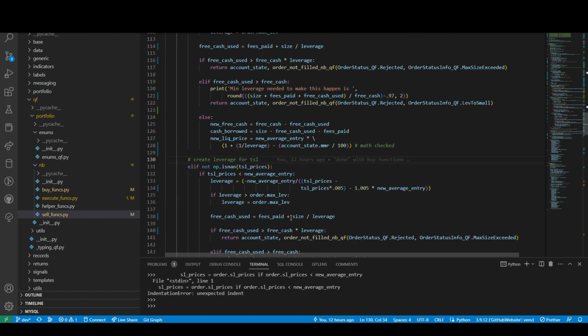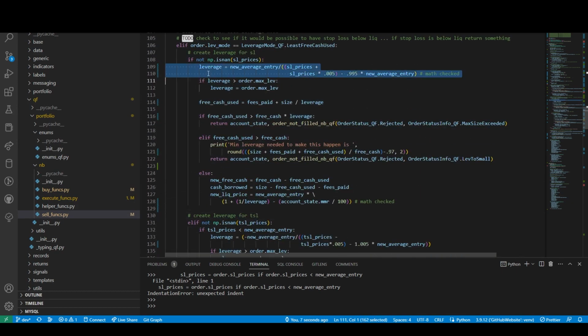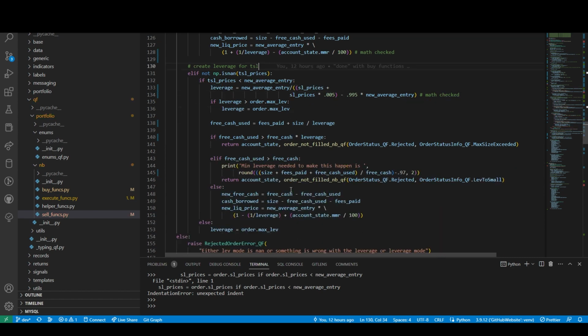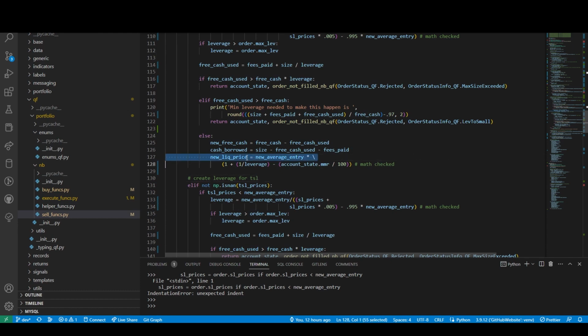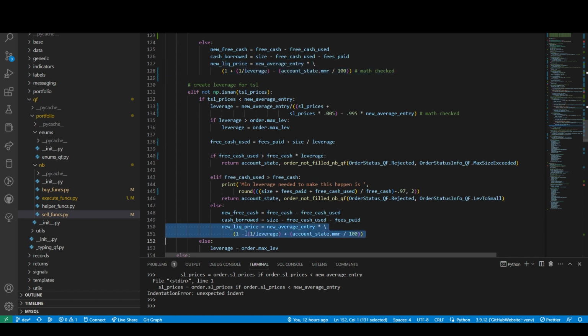Math is checked. I think we should just be able to, and then the same thing for this. Right, so I think that's working.